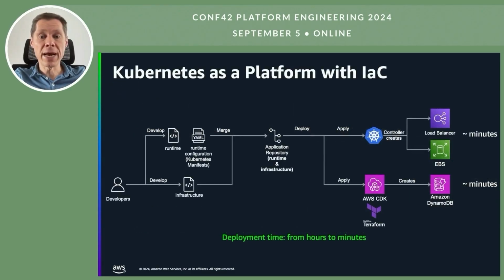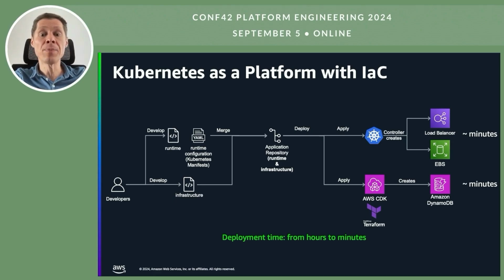And by applying this practice, we can see now that a developer manages both the runtime and the infrastructure definition in the same code repository. Once code is being merged, two streams are triggered automatically. One goes to Kubernetes, to the cluster, creating the runtime, deployment, pod, and so on, and the existing backend services we discussed previously, like load balancer or persistent volume, which can be deployed from the cluster.